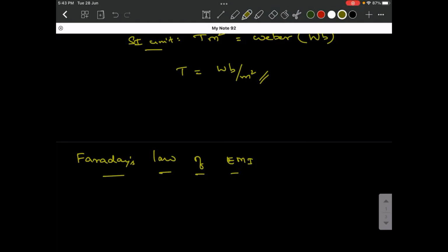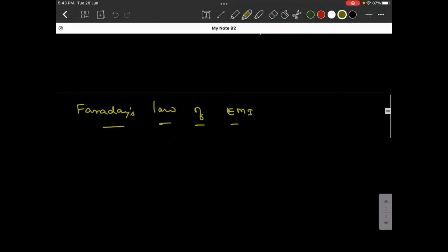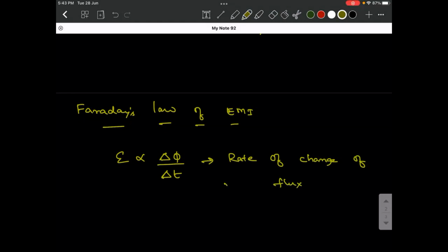Now listen. So can I say that EMF has something to do with the change in flux? So I will write EMF is directly proportional to the change in flux with respect to time. So what is this called? This is called rate of change of magnetic flux.